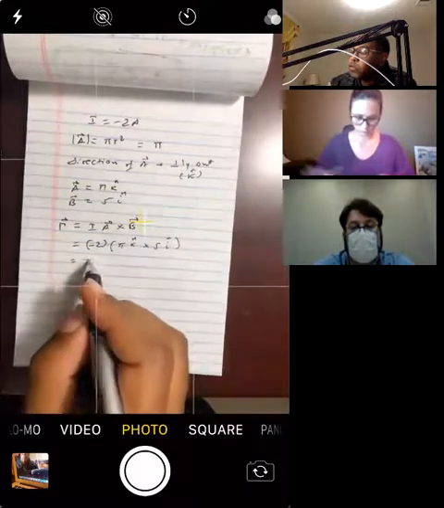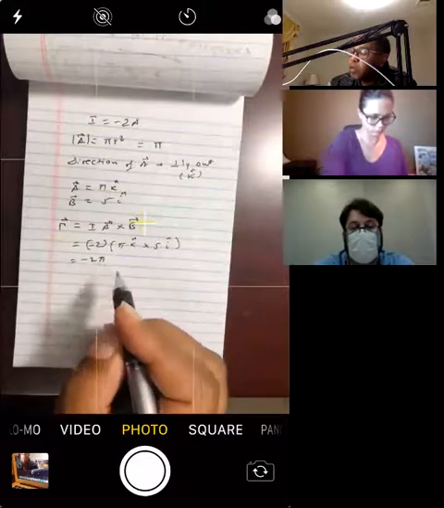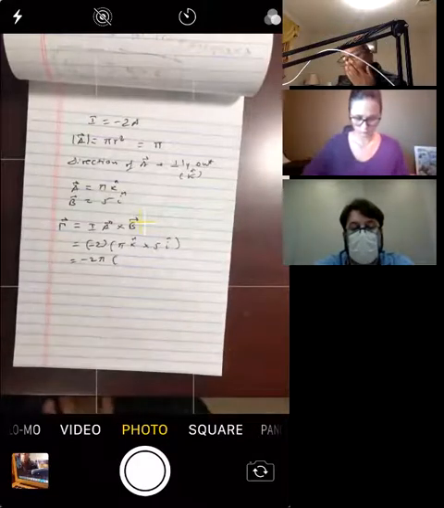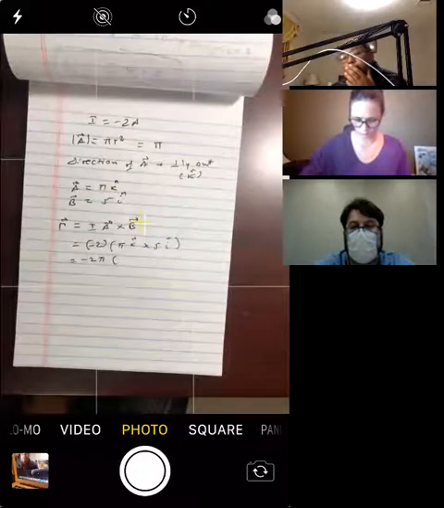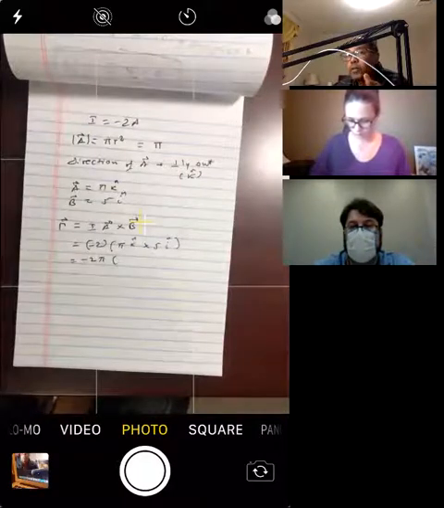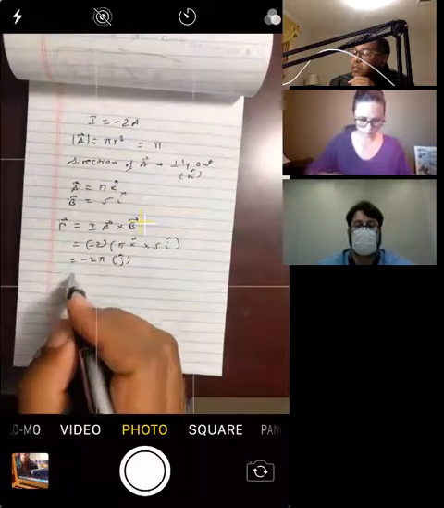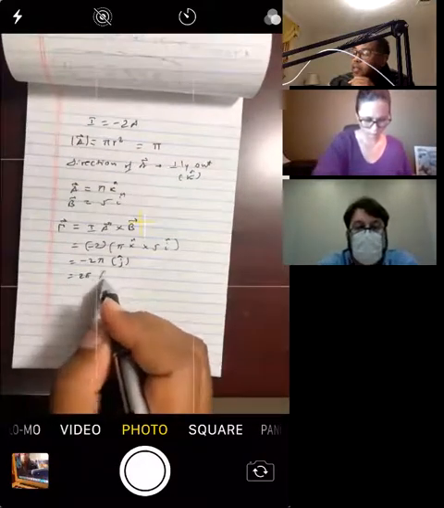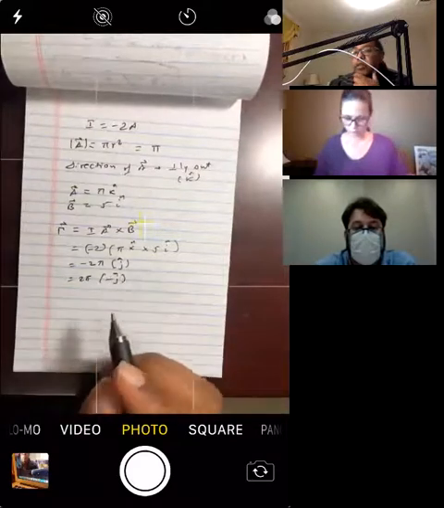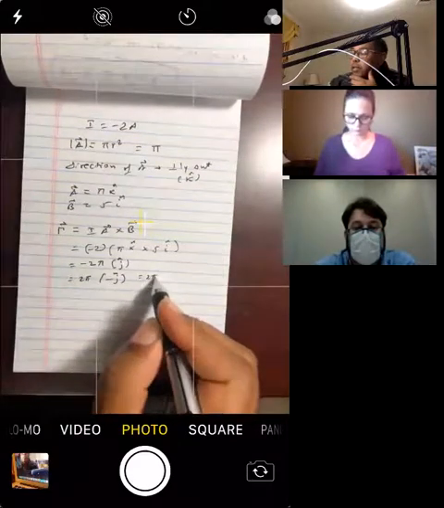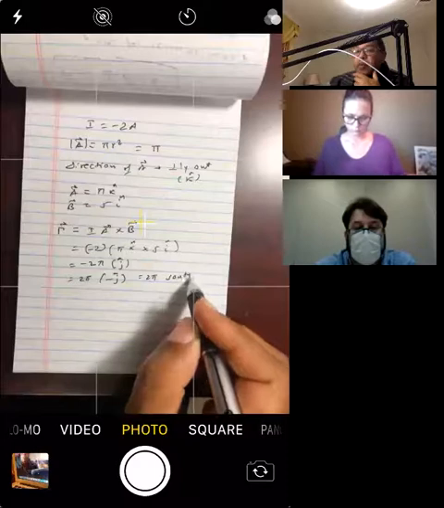So we have -2 pi. What is K cross I? K cross I is J, you're right. So this is 2 pi in the negative J direction, or south. This is 2 pi in the south direction.